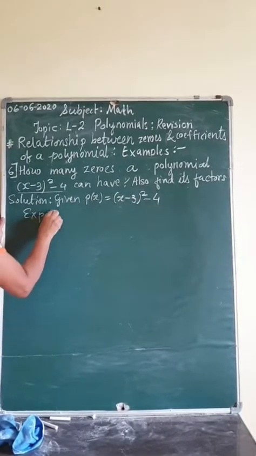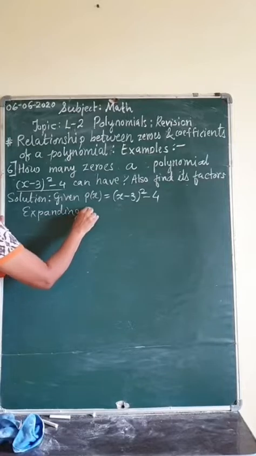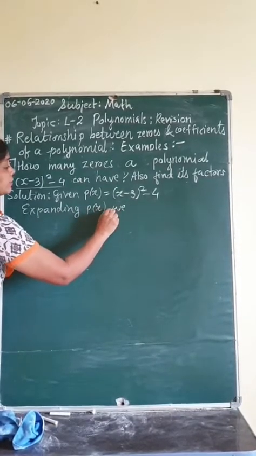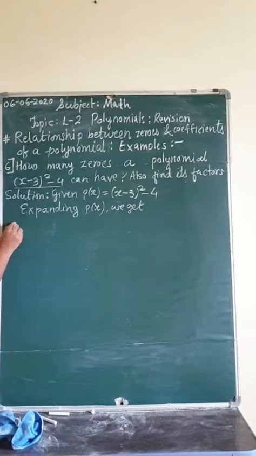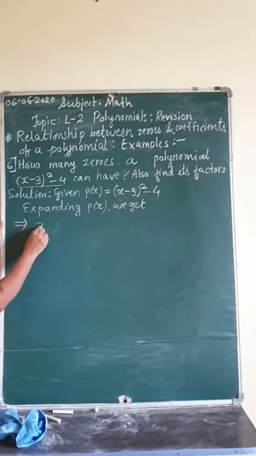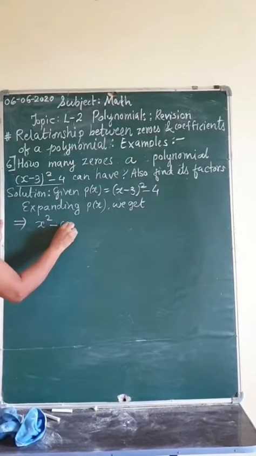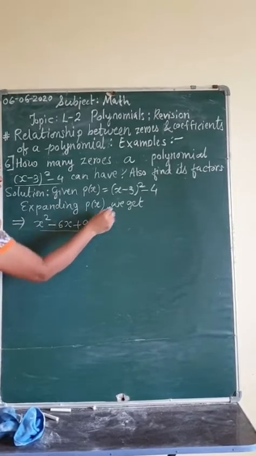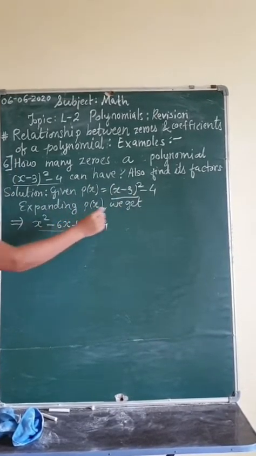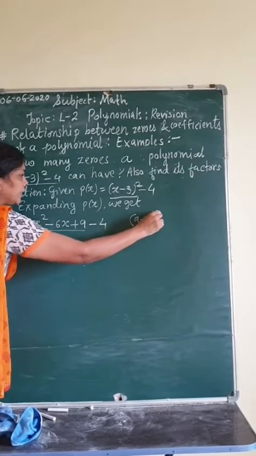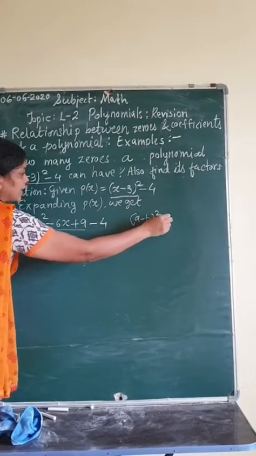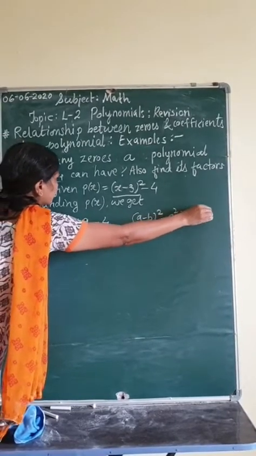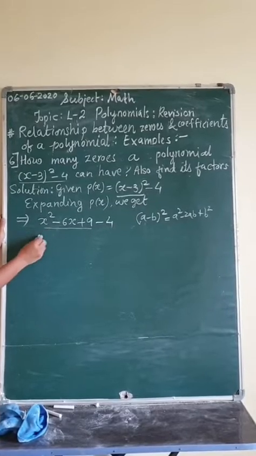Expanding P of x, we get x square minus 6x plus 9 minus 4. This is the expansion of this bracket, by using the identity a minus b whole bracket square is equal to a square minus 2ab plus b square. So what we get here?